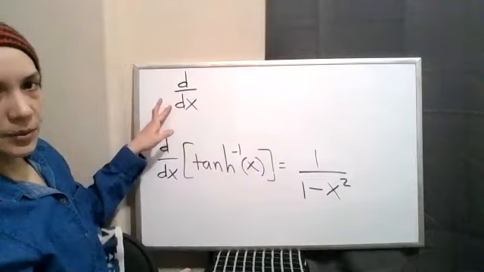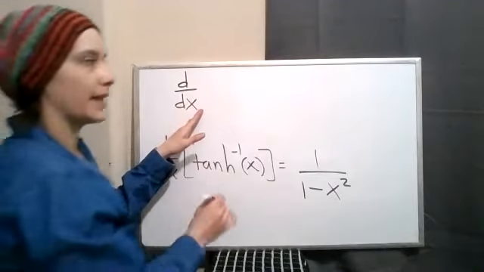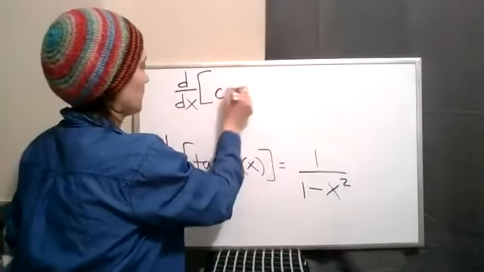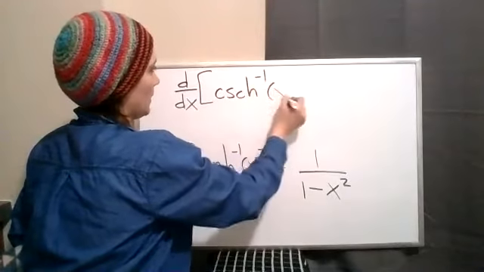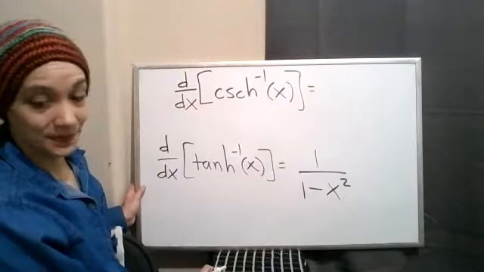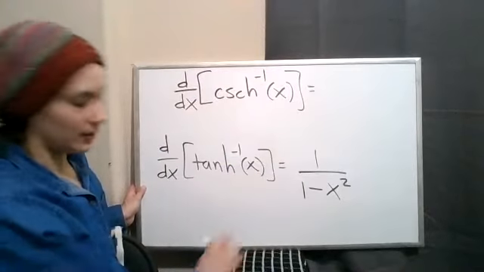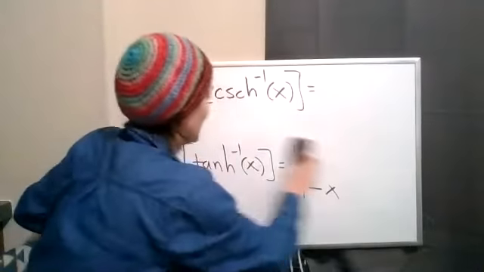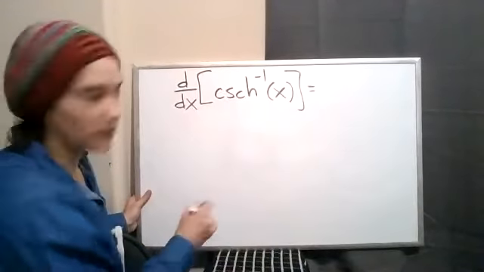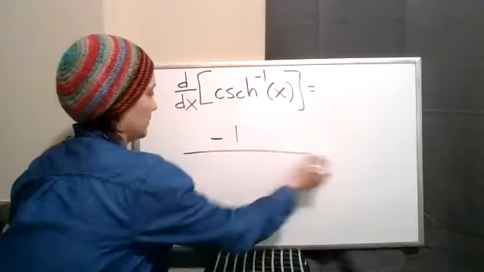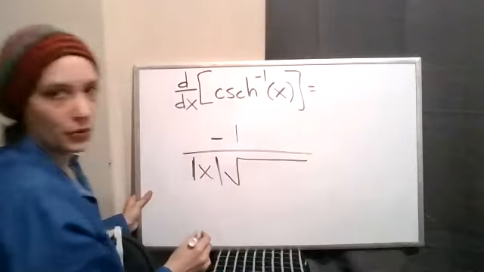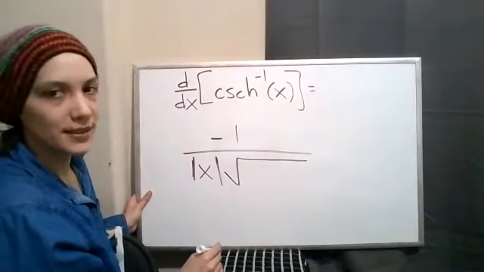So the derivative with respect to x of csch inverse of x, it's kind of long, is going to be negative 1 over the absolute value of x, and that absolute value of x is multiplied by the root of x squared plus 1.